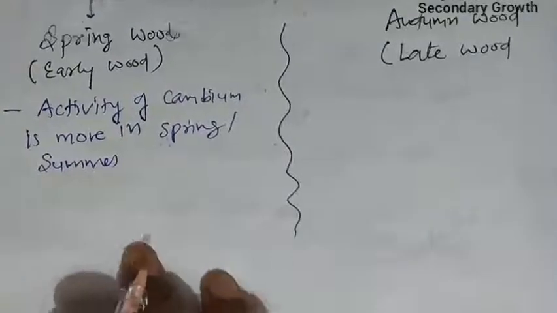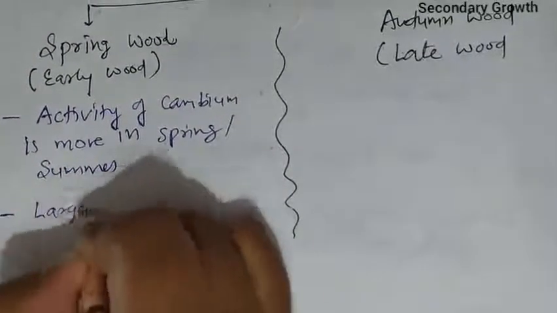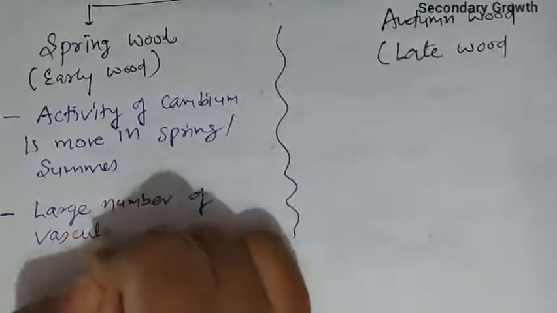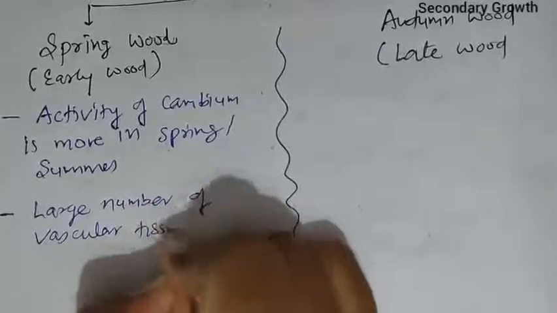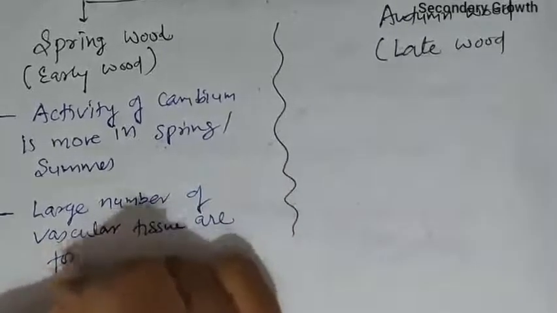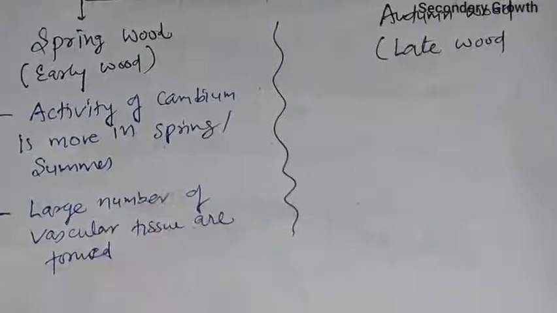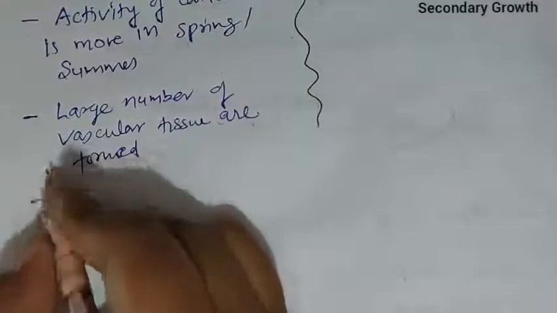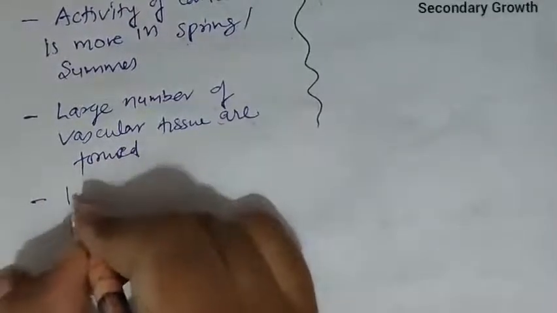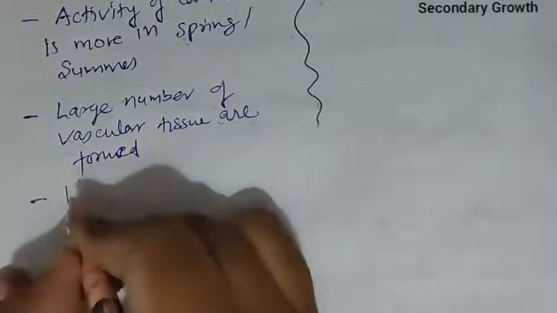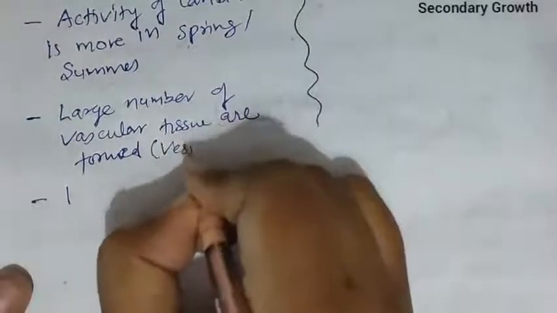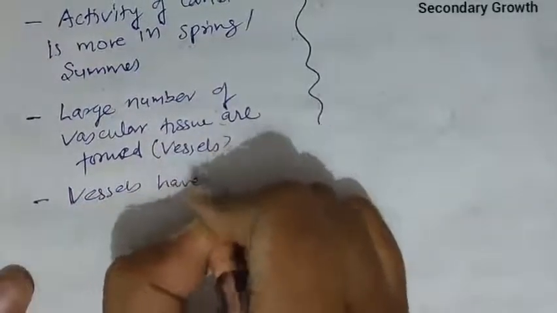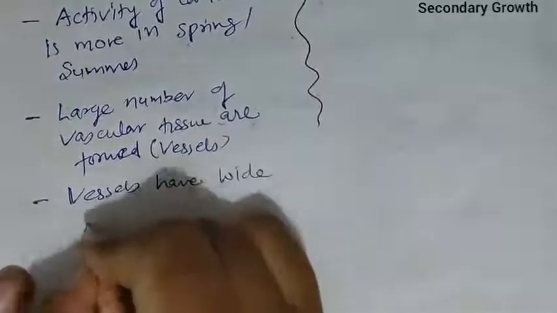So due to this, a large number of vascular tissues are formed, and if a large number of vascular bundles are formed, specifically if we talk about vessels, then these vessels have wide lumen.